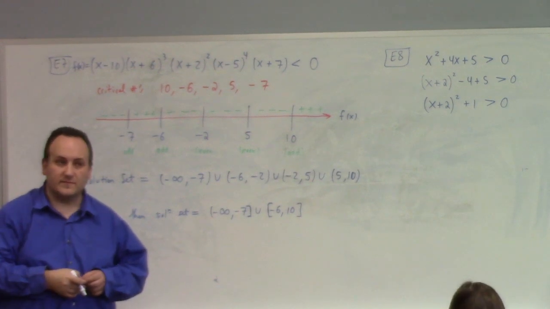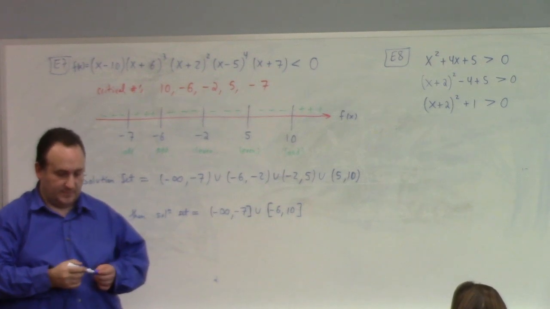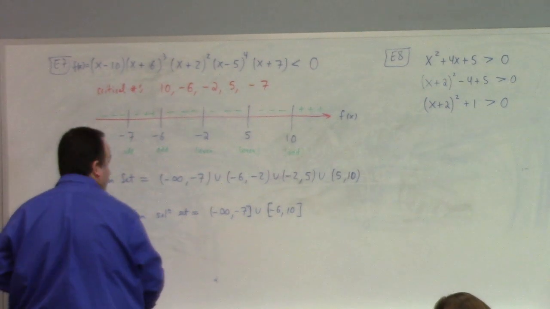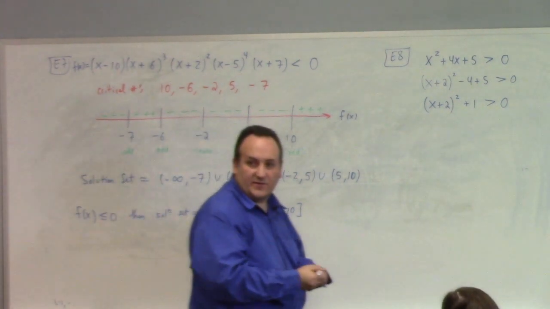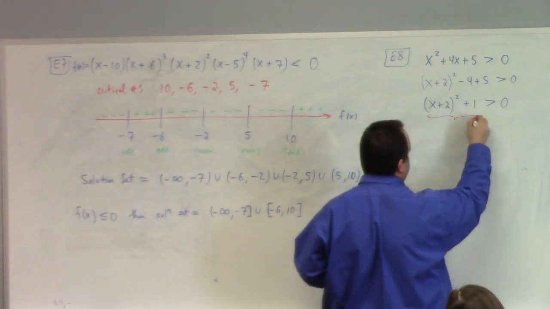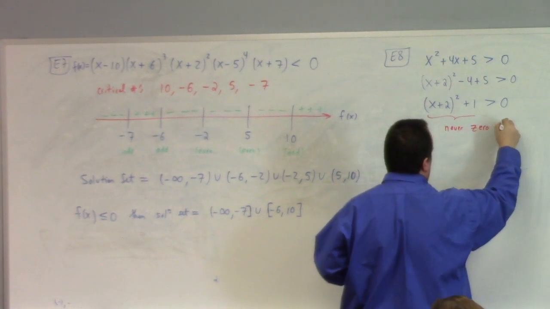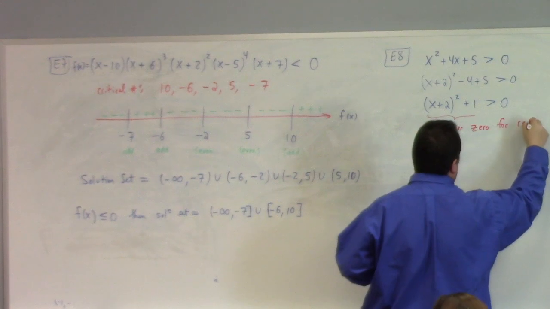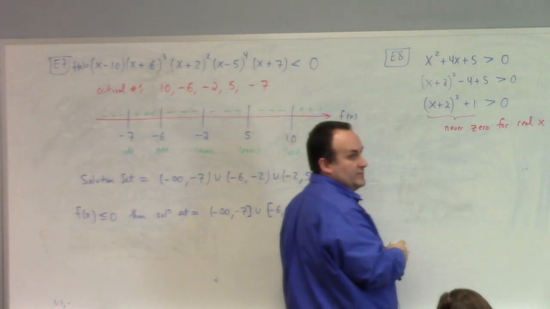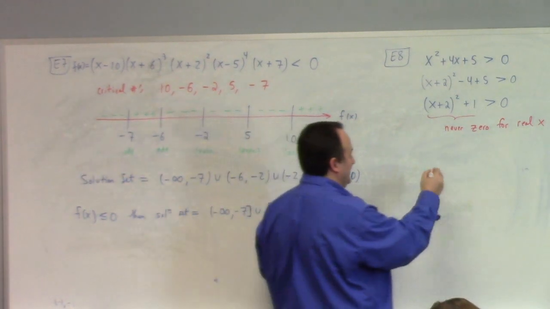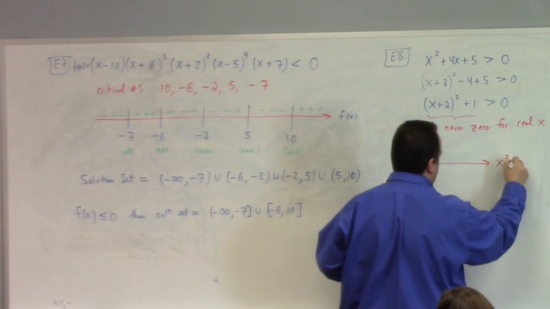When is this 0? Is there a critical number? So this is never 0, right? For real x, anyway. So there is no critical number. The number line is exceedingly silly. It's just this.